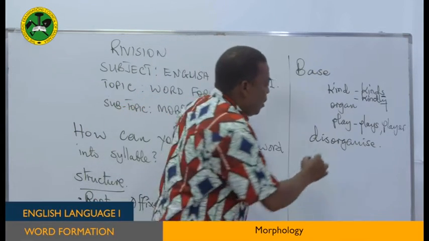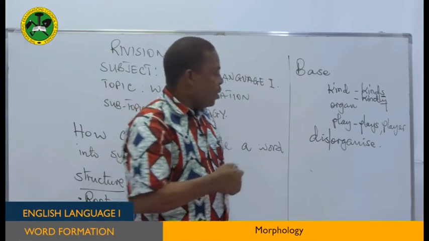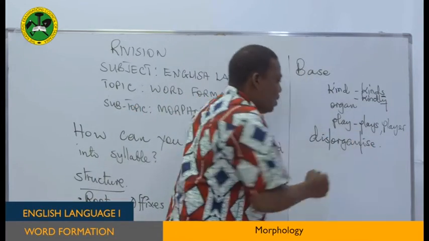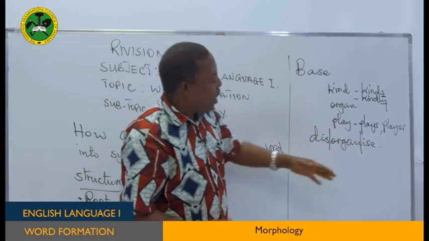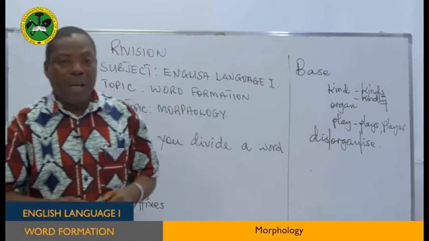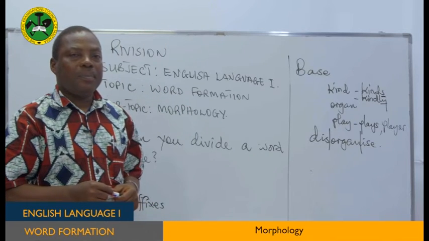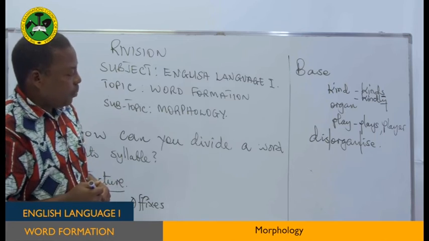Here, we'll take off the first element, dis, and we'll also take off the last element, and we remain with the former one, like the previous, as we have discussed. That is a base.